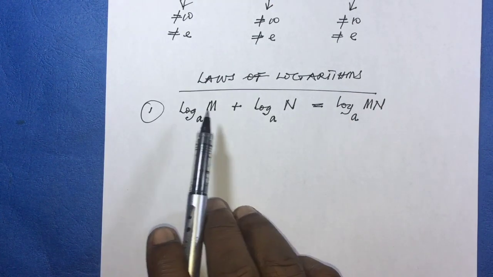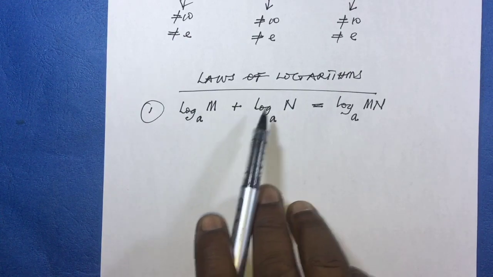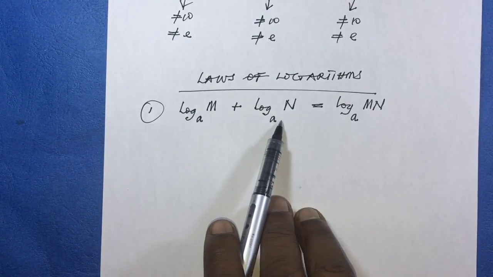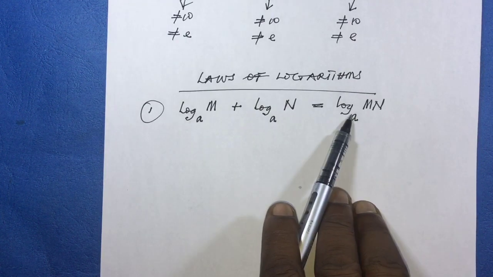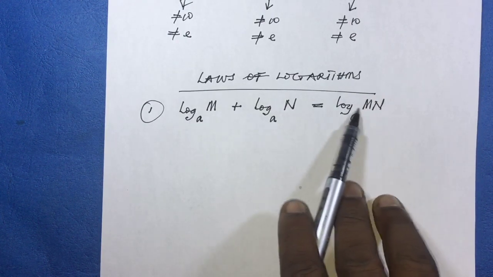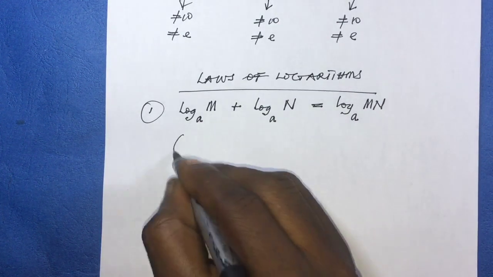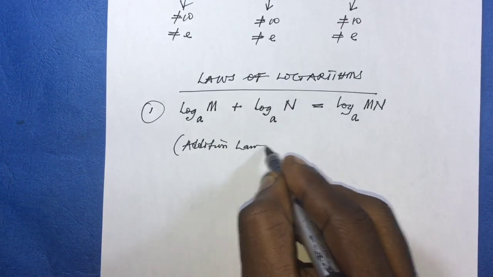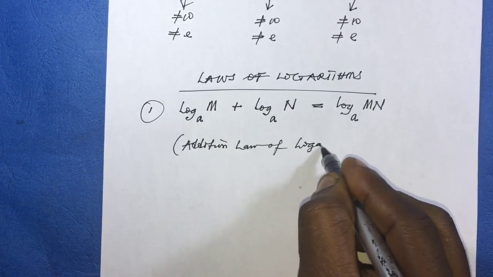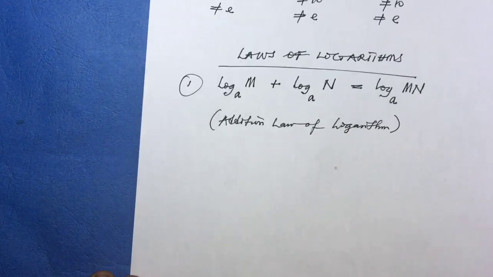So when you add the logarithm of one number in a given base to the logarithm of another number in that same base, then it is equal to taking the logarithm of the product of those numbers in that same base. So this law is called the addition law of logarithms.